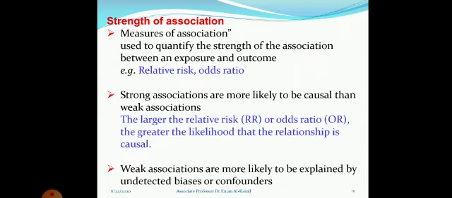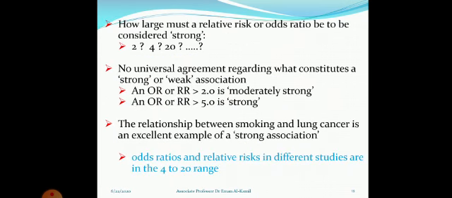The larger the relative risk or the odds ratio, the greater the likelihood the relationship is causal. Weak associations are more likely to be explained by undetected biases or confounding. When there is a weak relationship or small relative risk, it may be because of the presence of other confounding factors.